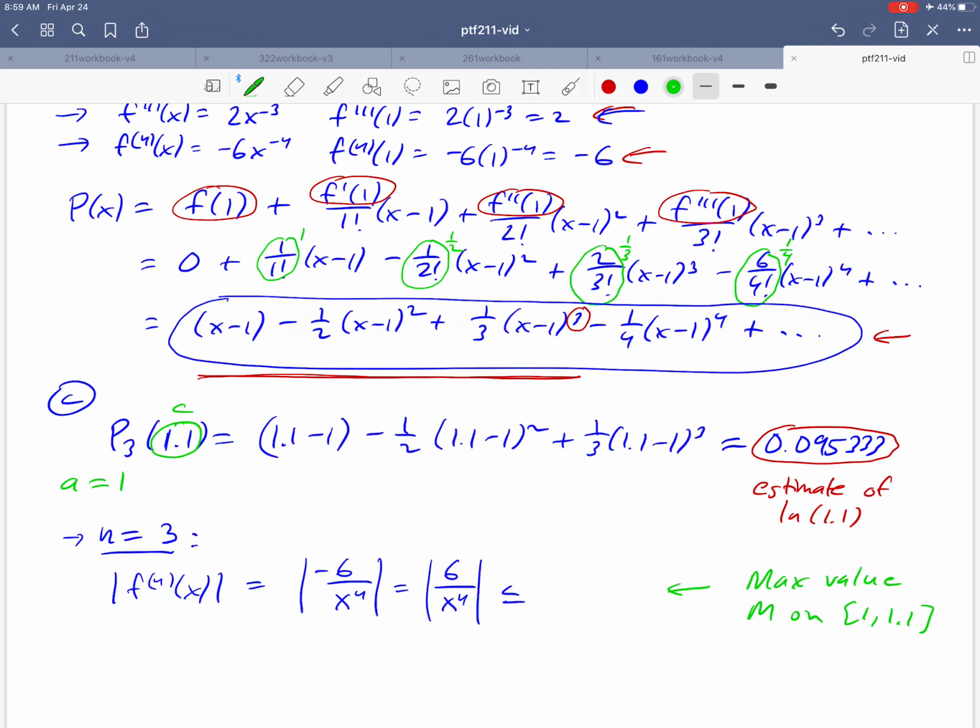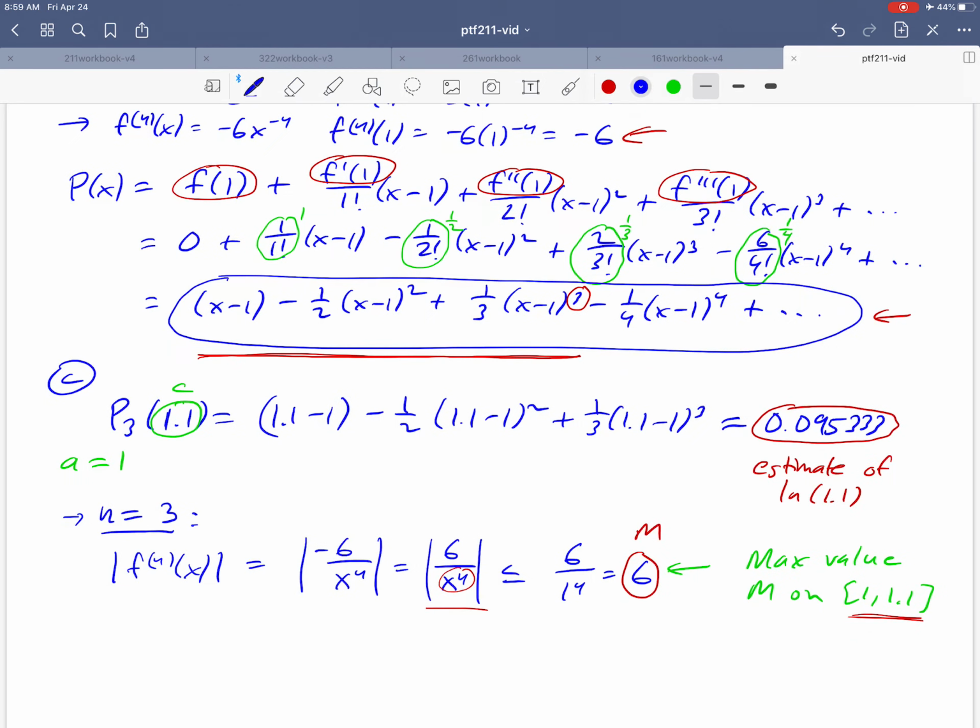It comes down to looking at this fraction and asking where would that be the biggest if we just consider numbers between 1 and 1.1 for x? That fraction is going to be the biggest when the denominator is the smallest, and that denominator is going to be the smallest if we plug in 1. So what we wind up with is 6. That's our value of m that we're going to be using.